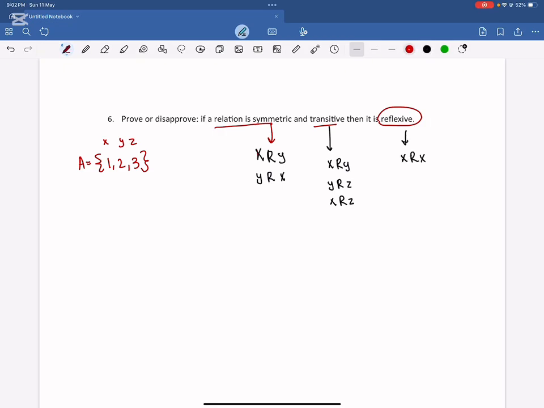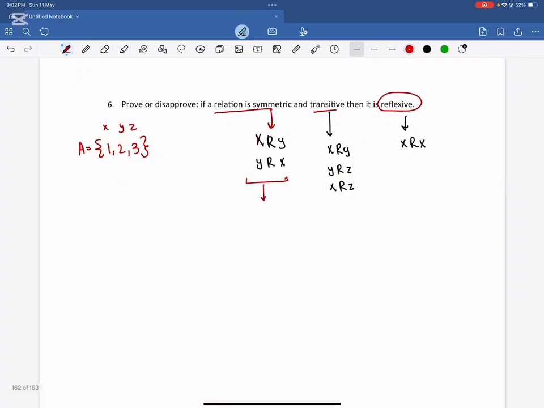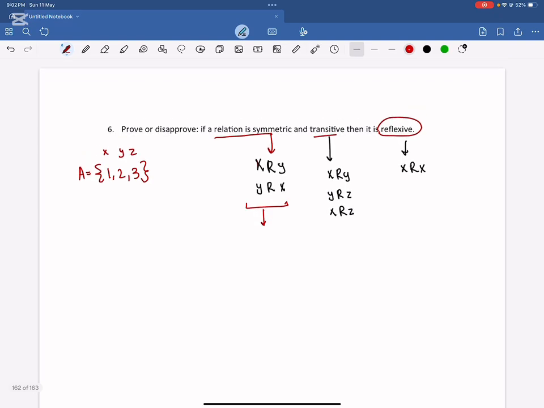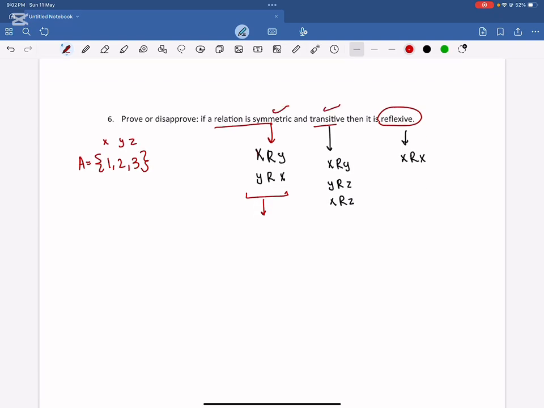Okay. Because we know that the relation is symmetric and transitive, for symmetric, 1 related to 2, 2 related to 1. Transitive, 1 related to 2, 2 related to 3, 1 related to 3, okay?